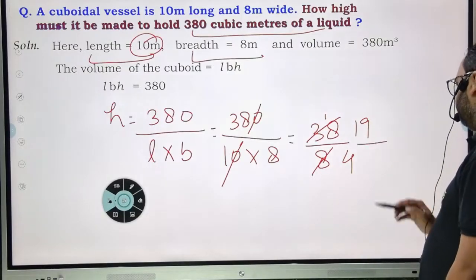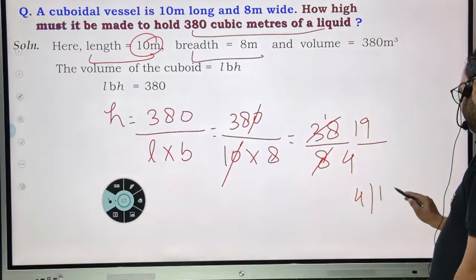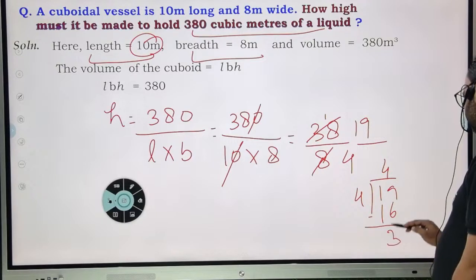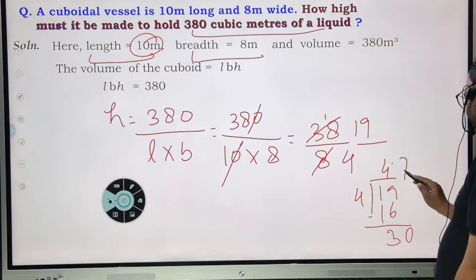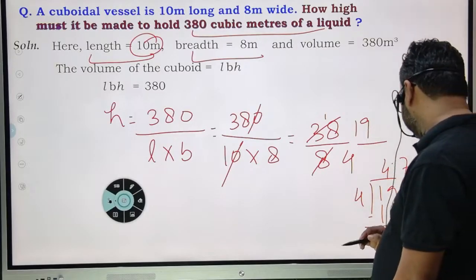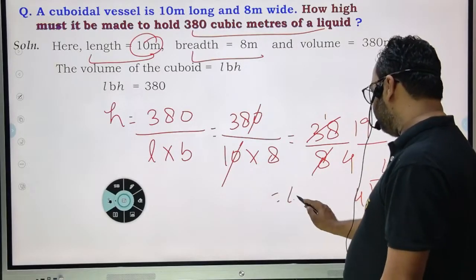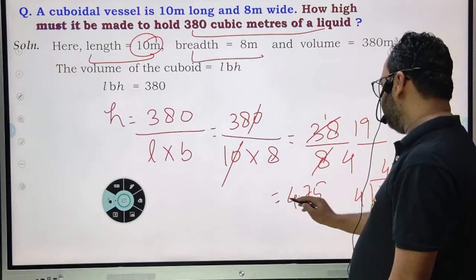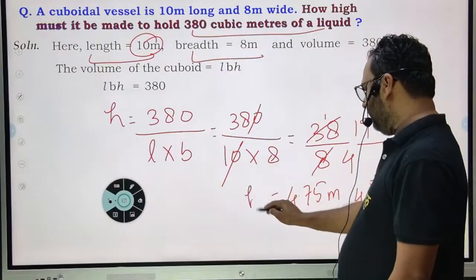So 19 over 4. You can simply divide also. We have 19, 4 4s are 16. Carry 3. 4 7s are 28. 4 5s are 20. 4.75.